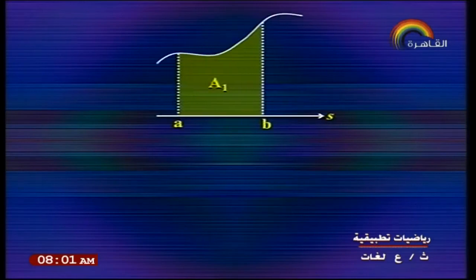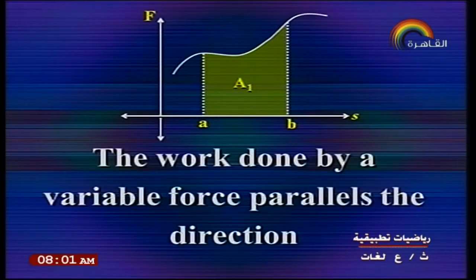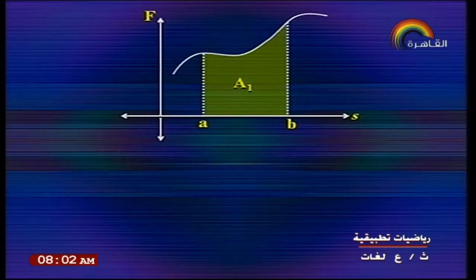Look at the opposite figure. It represents the work done by a variable force parallel to the direction of motion. We have two axes. The first axis represents S, the second is orthogonal, or perpendicular, and represents force.